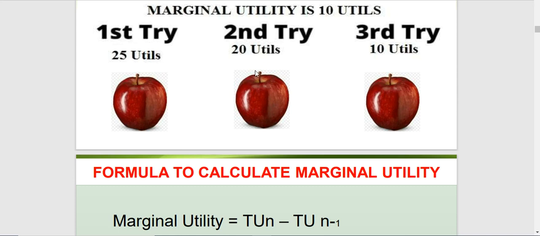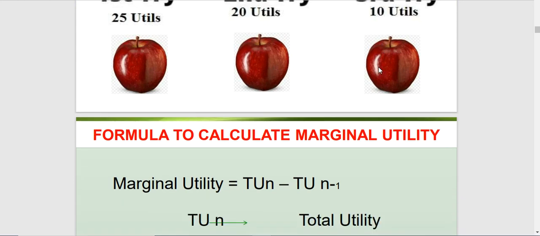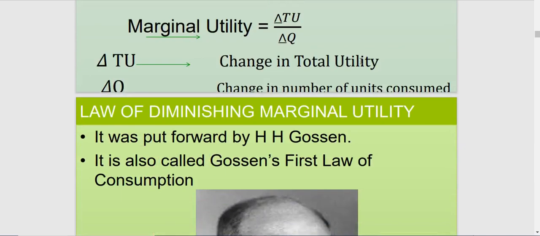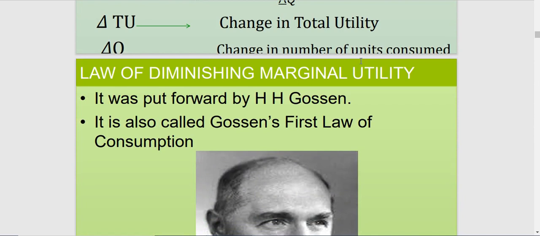When the second apple was consumed, the utility derived goes down to 20 utils. And when the third apple is consumed, the utility derived by the consumer is 10 utils. So based upon this theory, we have the law of diminishing marginal utility. That means as a consumer goes on consuming more and more successive units of the same commodity, the satisfaction derived by him will keep on declining.